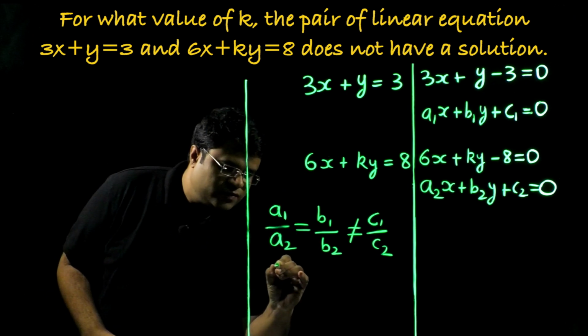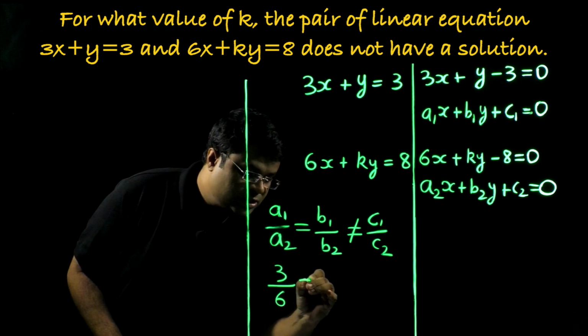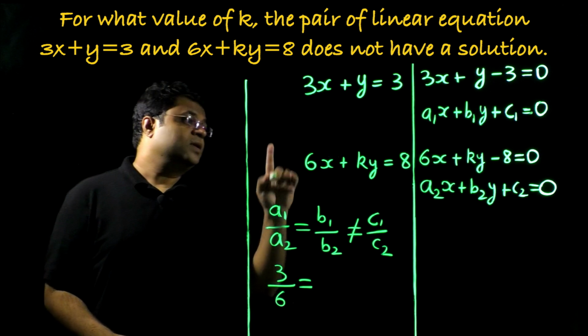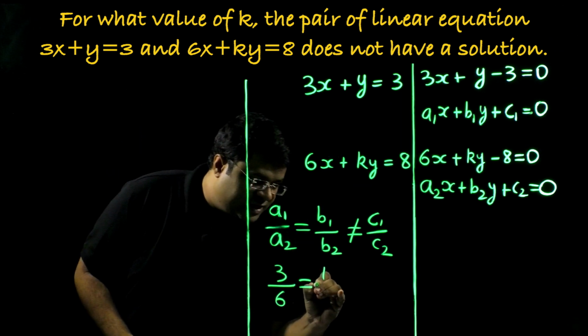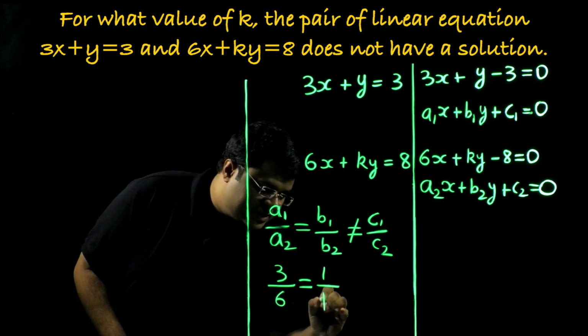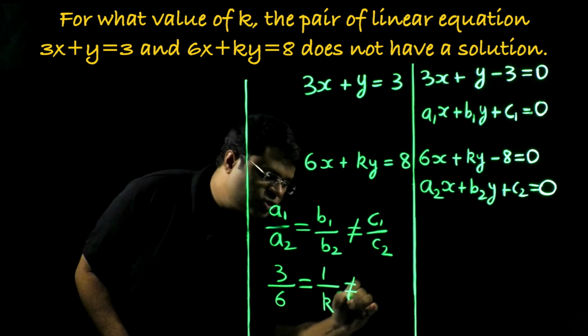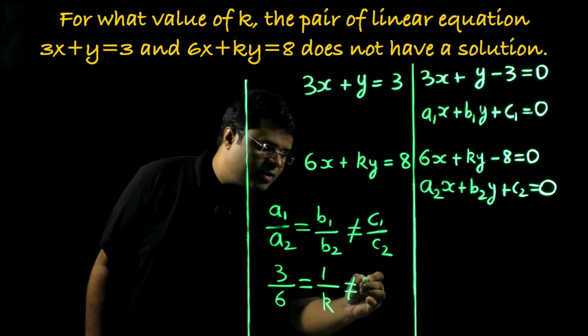Let's just quickly put the values. a1 is 3 upon a2, 6, should be equal to b1. Now for b1 there is no coefficient, that means the coefficient is 1. The value of b2 is k, and it should not be equal to minus 3 upon minus 8.